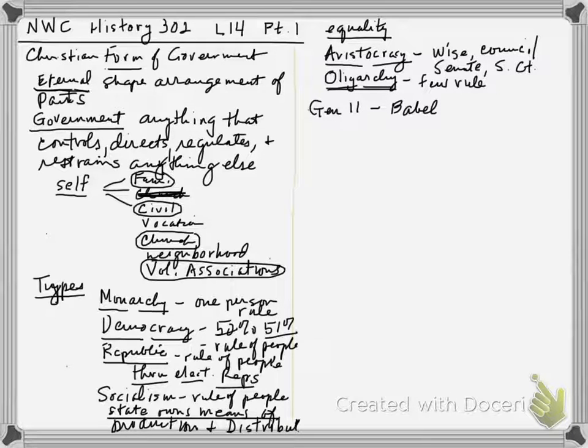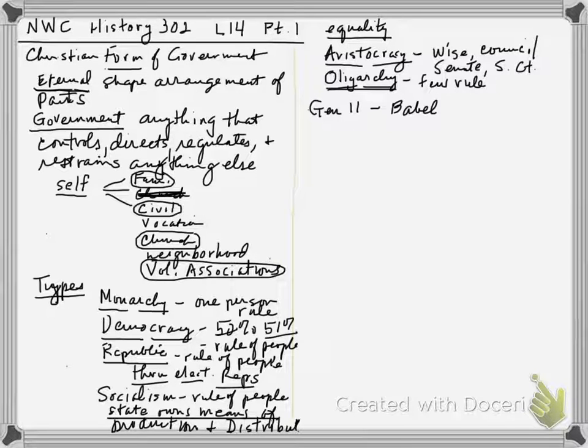Here the men unite, and they want to make a name for themselves. They are building a tower. They're not going out and doing work that God wants them to do. They've concentrated on the plain of Shinar, and they're building this tower so that they can raise their religion to heaven, on their own strength and their own ability, rejoicing in their oneness, having one language and one purpose. God comes down and scatters them.